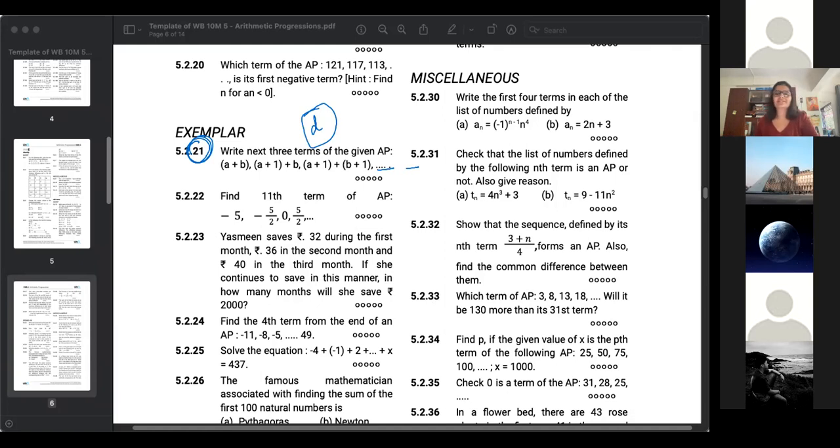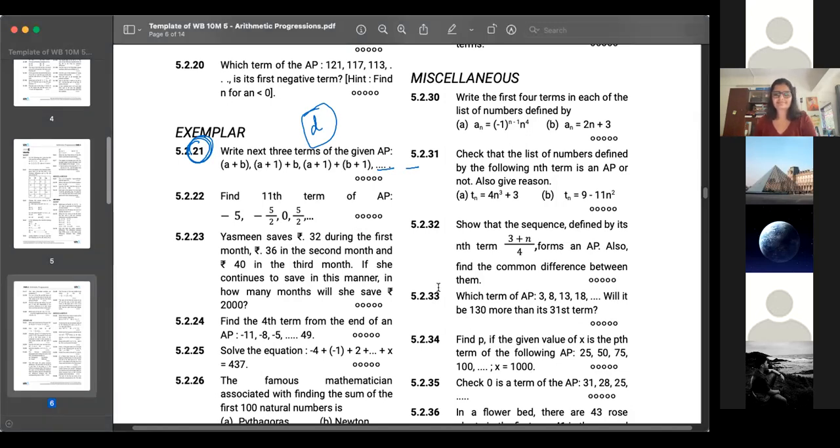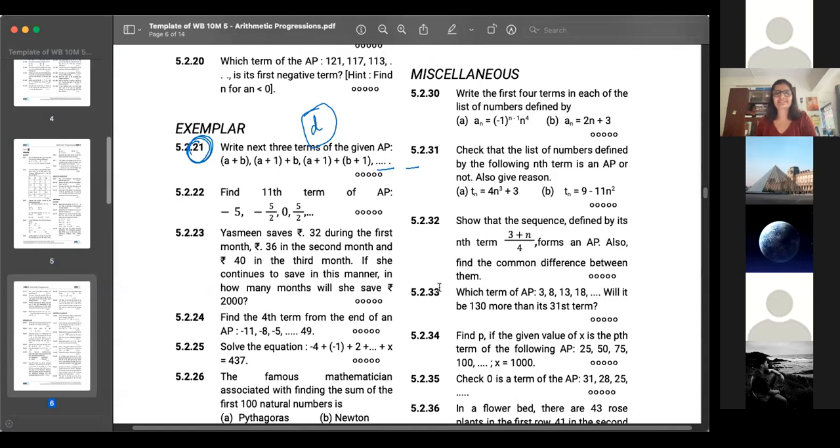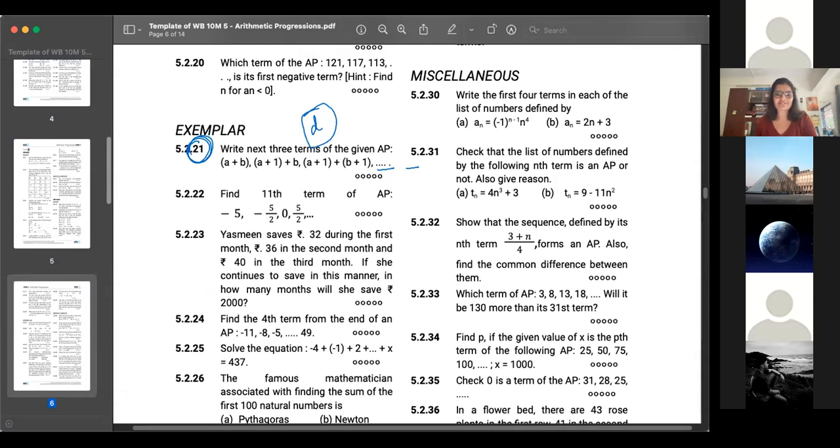There you go. Mansi got one, the common difference. That is correct. That's all you need to figure out in this question. Figure out the common difference, so you'll get the next terms.